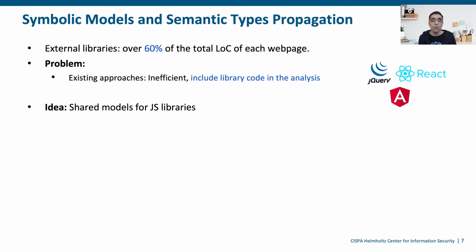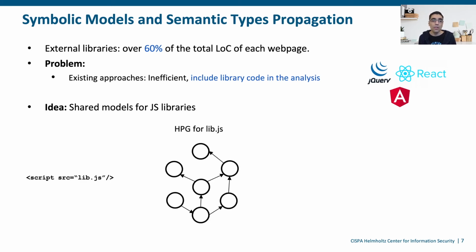Let me show you an example. Assume that a web application has a library, a script, say lib.js, which we want to model. First, we construct an HPG for the library, and then we query the graph to identify the nodes that represent native APIs that are known for sending an HTTP request, such as XMLHttpRequest, or nodes representing APIs whose value can be under attacker control, for example, window.location.href or simply the URL.